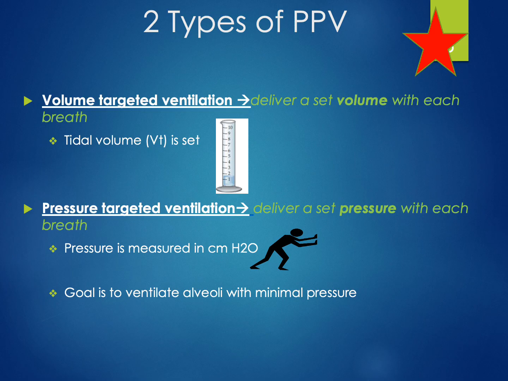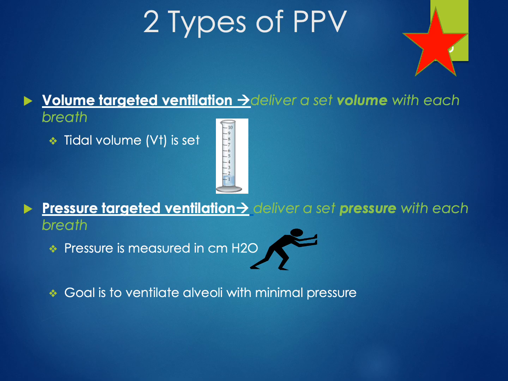Now when we talk about pressure targeted ventilation, we program the ventilator to deliver a set amount of pressure, a certain amount of effort to push air into the patient's lungs. Now we can't just tell the machine push hard or push kind of hard. We actually have to give it a specific pressure measurement. And rather than using what you're used to, like blood pressure, which is in millimeters of mercury, we use a different unit of measurement for pressure, which is centimeters of water.